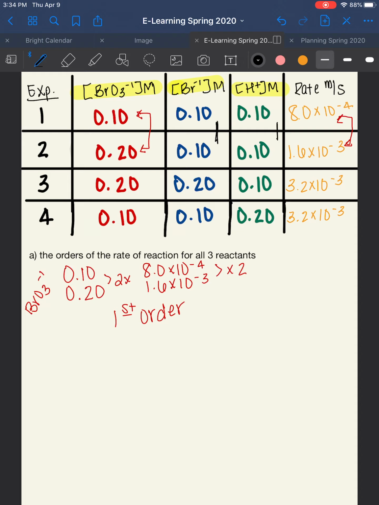Br negative 1 stayed at 0.10, H plus stayed at 0.10, and in experiment 2 again 0.10, 0.10. So be careful when you're choosing your data, because you only want one reactant concentration to change at a time. If you're changing more than one variable, then you can't really see how the rate is affected.